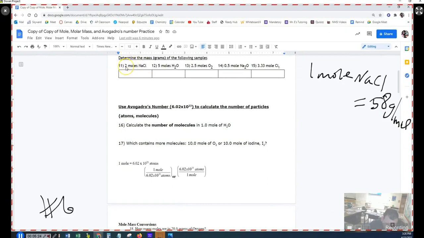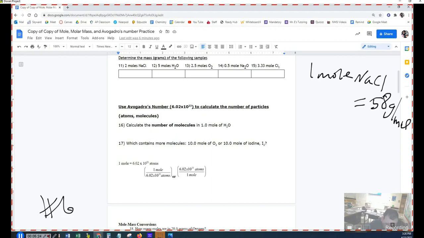So if we have 2 moles of sodium chloride, we know that 1 mole is 58. So we're going to do 58 times 2, and that will give us 117. Or maybe 116. Let's say 116. Okay, 116 grams will be 2 moles of sodium chloride.